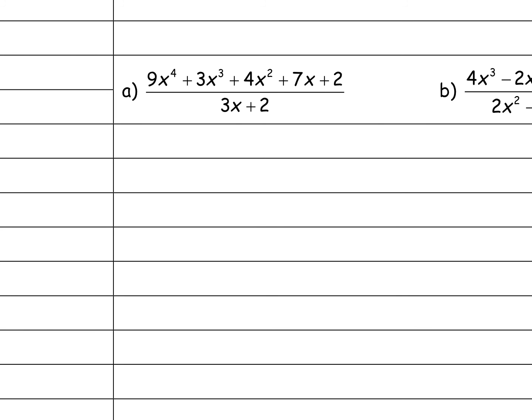Let's see. Where's my pen at? Sorry, I was trying to figure out the best way to show you guys the last one. So I've got 3x plus 2, and 9x to the fourth. So what do I multiply 3x by to get 9x to the fourth?